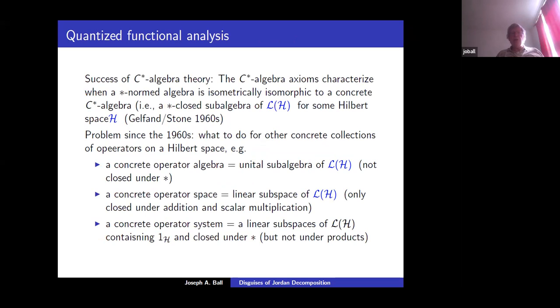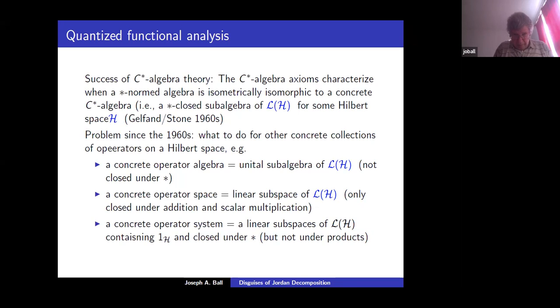Quantized functional analysis. This has become a big industry. So the motivation goes back to C star algebra theory. There, you take a Banach algebra. So there's a norm, and the norm should satisfy certain properties. The norm of the adjoint is the same as the norm without the adjoint. And the norm of the product is less than or equal to the product of the norms, things like that.